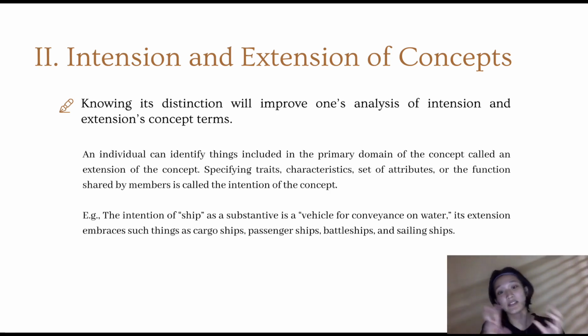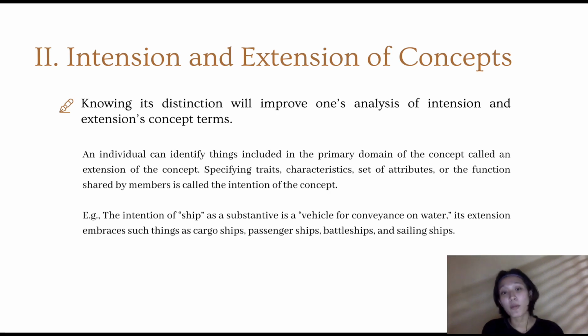Specifying the traits, characteristics, set of traits, or the function shared by members is called the intension of the concept. For example, the intension of ship as a substantive is a vehicle for conveyance on the water, and its extension embraces such things as cargo ships, passenger ships, battleships, and sailing ships.